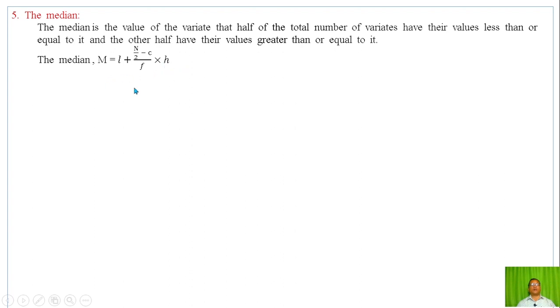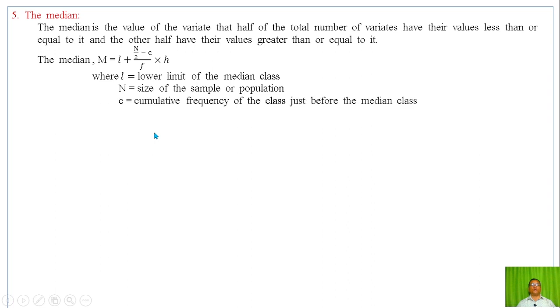This median formula is for a group frequency distribution. Here l is the lower limit of the median class. Then n is the size of the sample or population, the summation of all fi. Then c is the cumulative frequency of the class just before the median class.